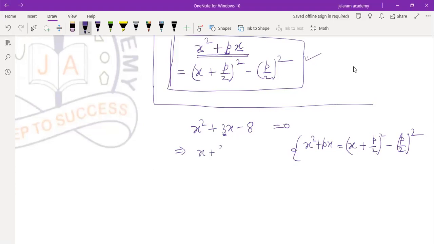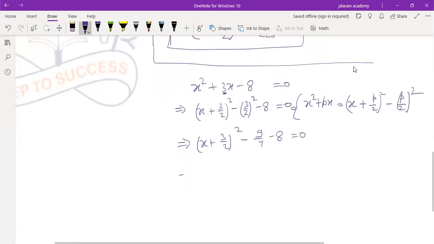x plus 3 by 2 whole square minus 3 by 2 whole square minus 8 equals 0. It implies x plus 3 by 2 whole square is written as it is. Is that clear to you? Minus 9 by 4 minus 8 equals 0. Understood, everyone?